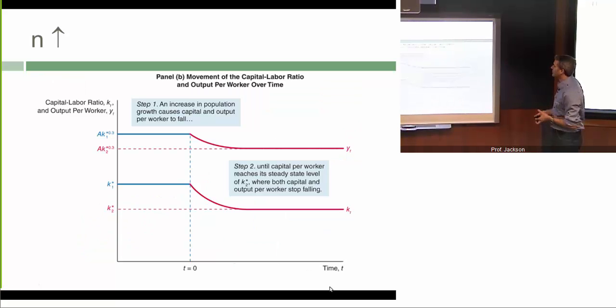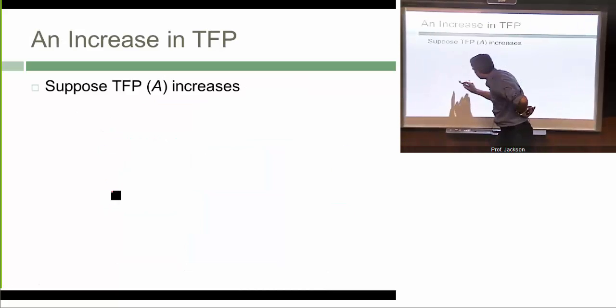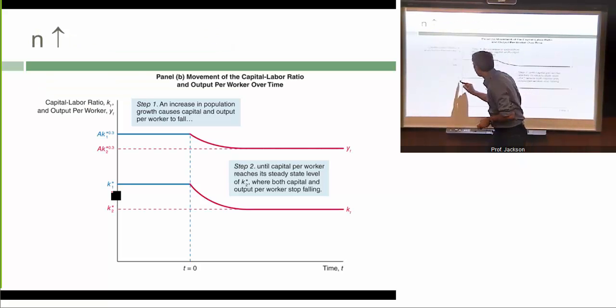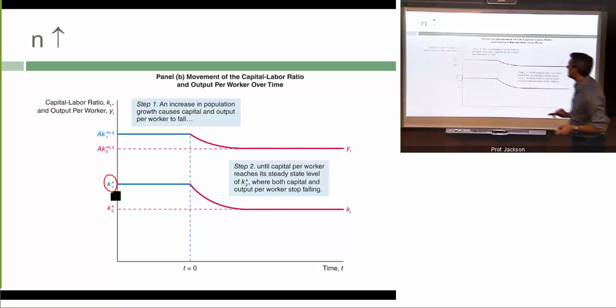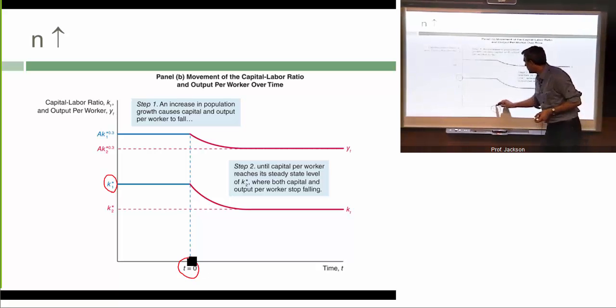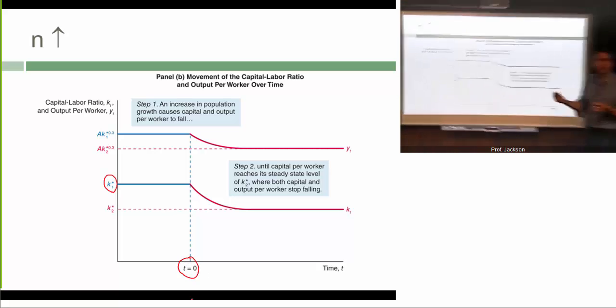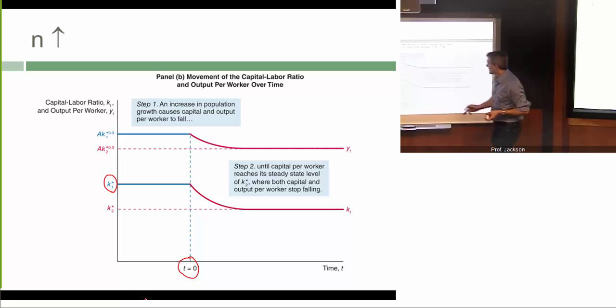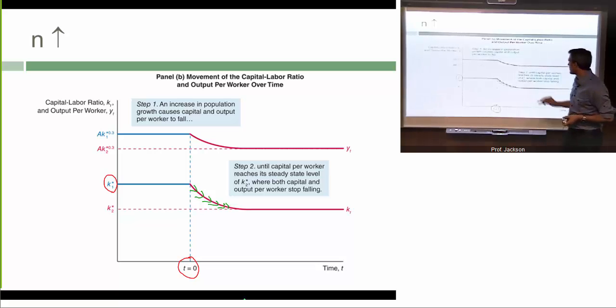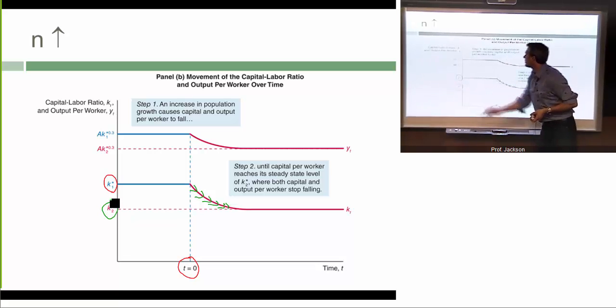If you look at what happens over time, we start out at the initial steady state K1 star, and then at time T0 we assume an arbitrary increase in the population growth rate. Over time the amount of capital falls, and eventually we reach the new steady state level of capital, K2 star.